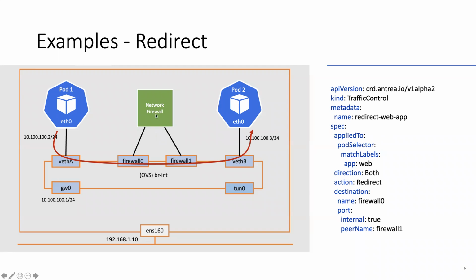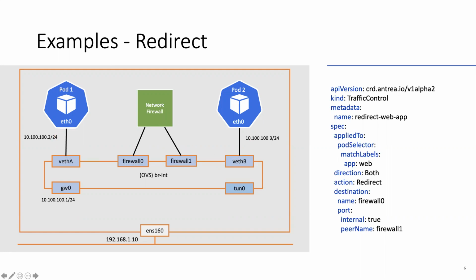If it allows it, it will send the original packet back to the OVS pipeline via another interface. This is a common mode used by several traditional IPS software such as Snort and Suricata.